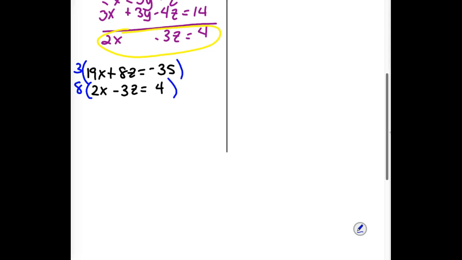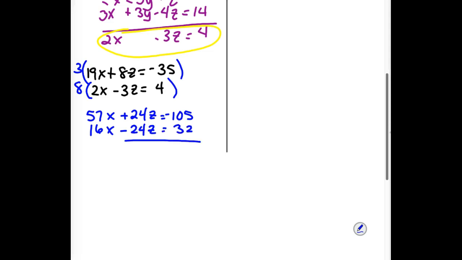Okay. Timesing by 3. 19 times 3 is 57. We end up with 24z's, and 3 times negative 35 is negative 105. 8 times 2x would be 16x. 8 times negative 3z is negative 24z, and 8 times 4 is 32.